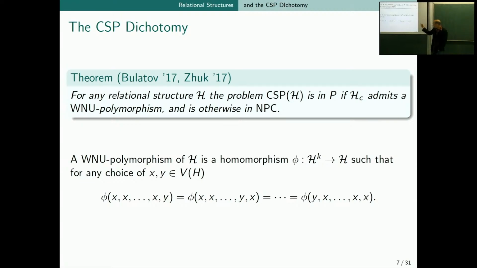These are all vertices of H, and I'm mapping them to another vertex of H. The identity says that if all but one of the vertices is the same, x, I can mix up the order of the entries. I don't want to define the categorical product, but what does it mean that this is a homomorphism?